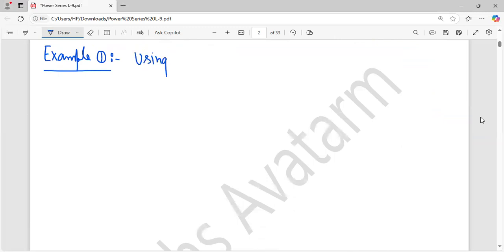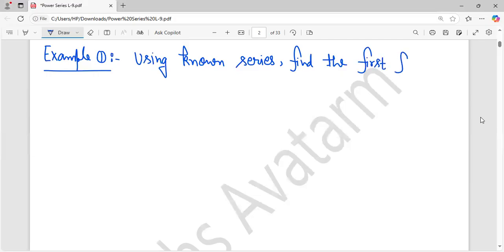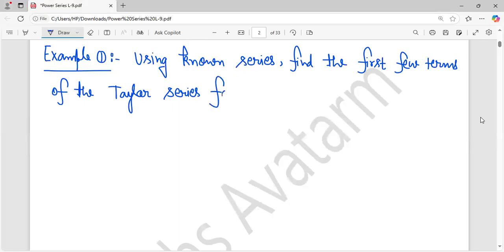Using known series, find the first few terms of the Taylor series for the given function.